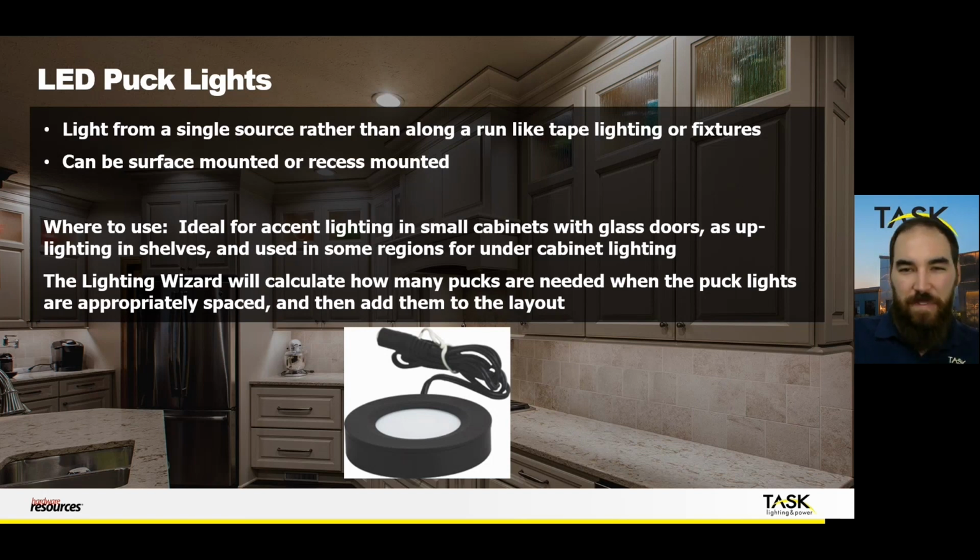Again, great for accent lighting, can be used in a lot of different places, and the Lighting Wizard knows everything about spacing, whether you're doing it between a cabinet or inside cabinets. The Lighting Wizard knows how to drop that in once you specify where you'd like to see them, so it makes it very easy even with the puck lights.